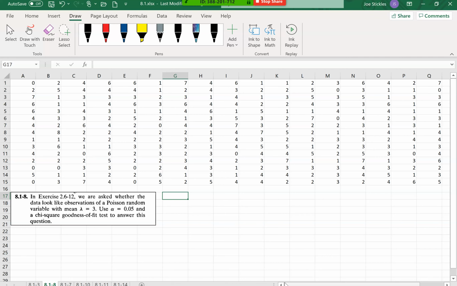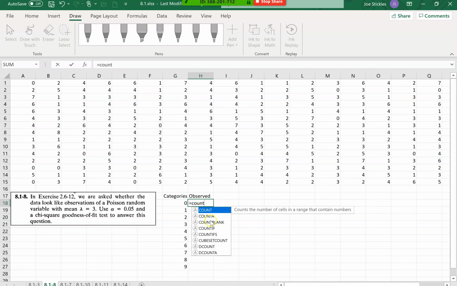So the first thing I'm going to do is make my categories. Since these are all single digits, I'll use 0 through 9. I want to see how many observations we have of each, so I'm using the COUNTIF command again.